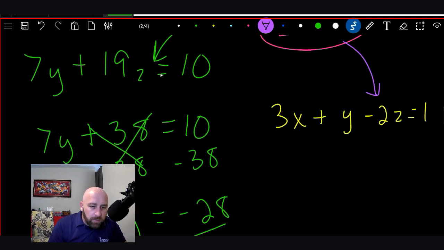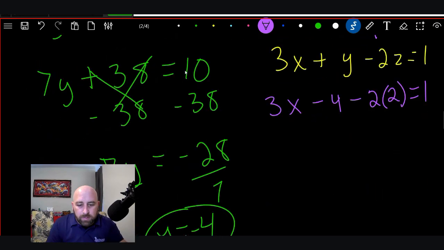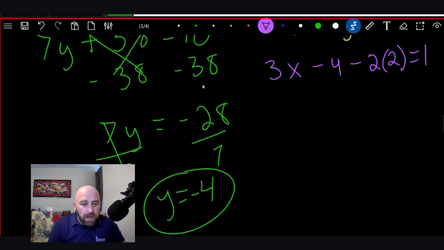And y was negative 4, so we'll put that there. So it'll come out with 3x plus negative 4 minus 2 times 2 equals 1.